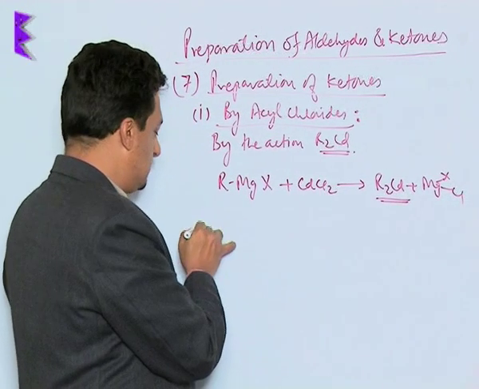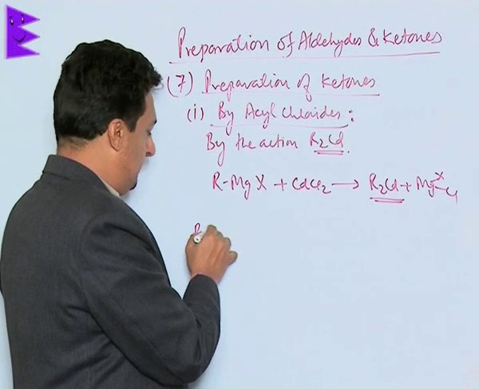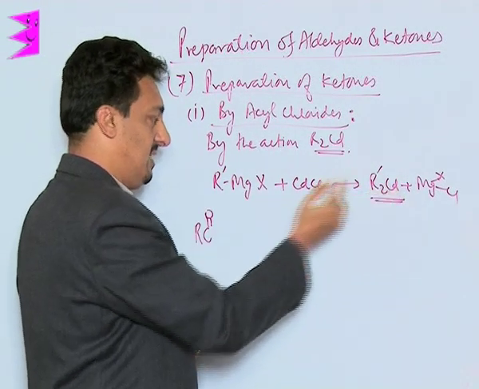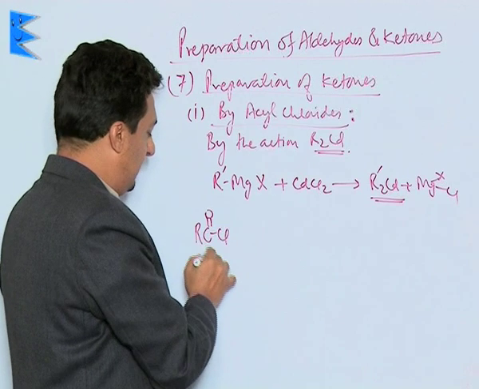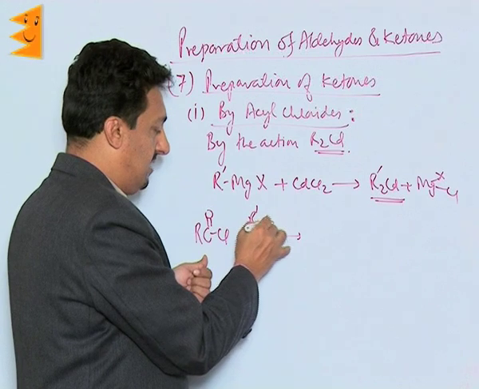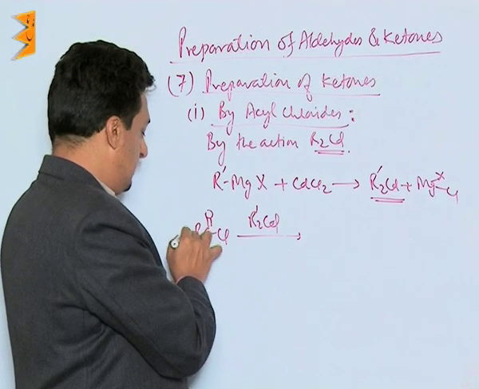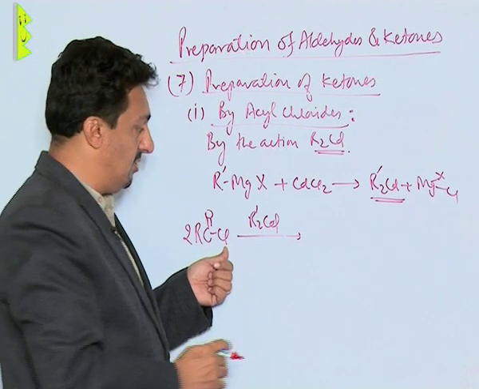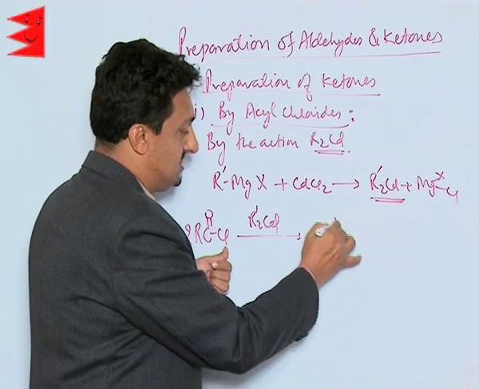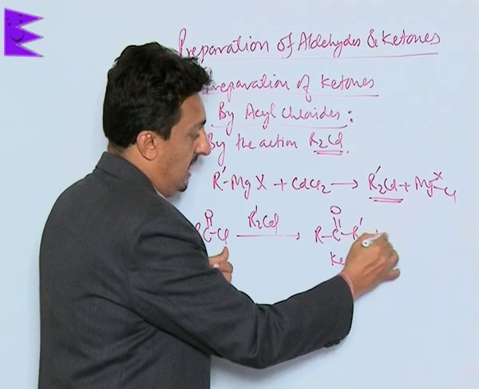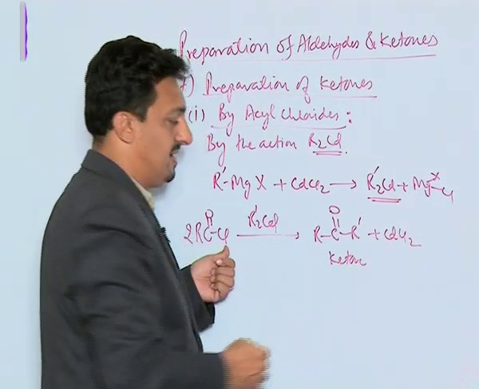Now what we can do is, we can take any acyl chloride, let's take this R as R dash. If we take any acyl chloride and react them with dialkyl cadmium, the 2 molecules will react, this R dash will substitute this chlorine. So what we will get is this ketone and cadmium dichloride back.